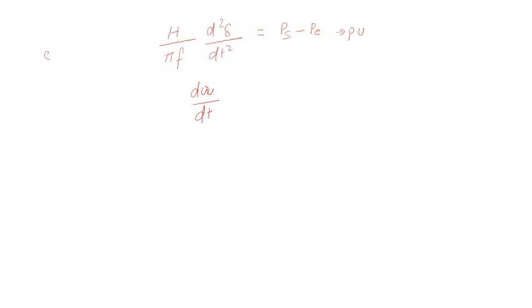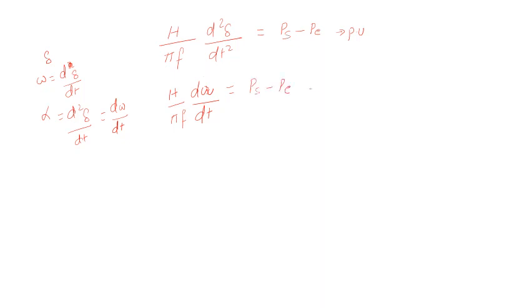Delta and omega: omega was d delta by dt, and alpha was d square delta by dt square, that is d omega by dt, right? So I'm replacing d square delta with d omega by dt, and I can write H upon pi f d omega by dt equals Ps minus Pe.